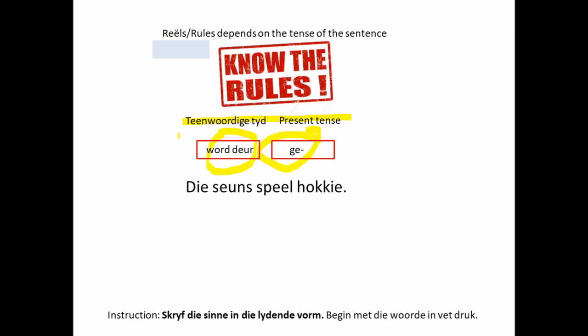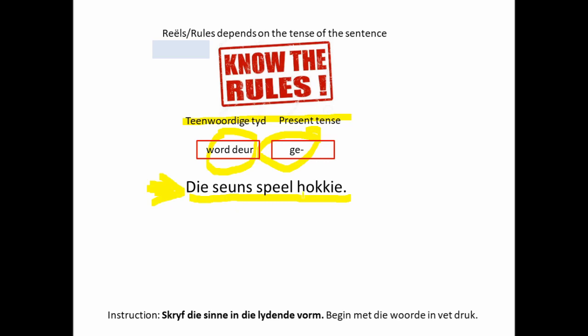So what I usually teach my children is to write these words down somewhere on your paper immediately so that you know that you'll have to use them when you change the sentence. This is an example of a sentence written in teenwoordige tyd. Die seuns speel hockey.